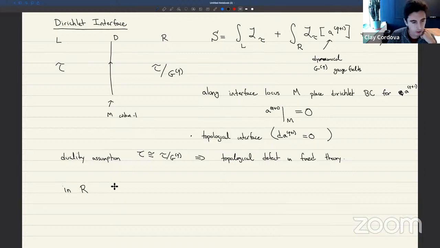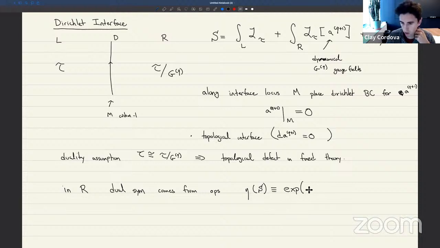In R, this dual symmetry comes from what kind of operators? Well, they look like some generalized Wilson surface type operators. So I'll write them as eta of S, which is the integral over S of this dynamical gauge field.